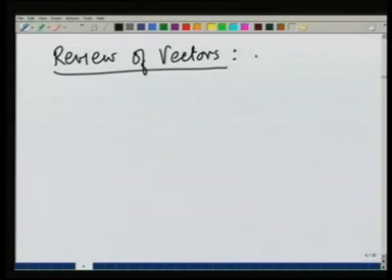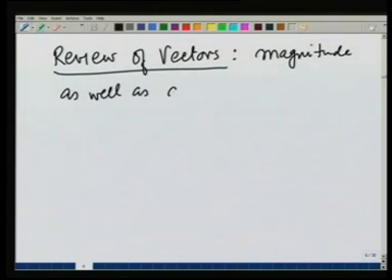It is because there are certain quantities which have magnitude as well as a direction.